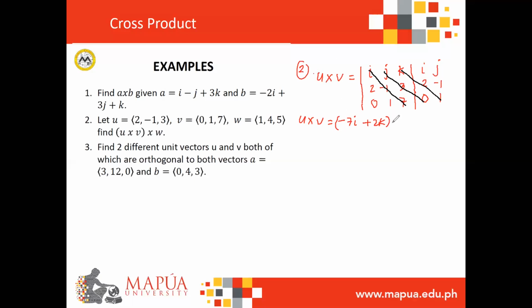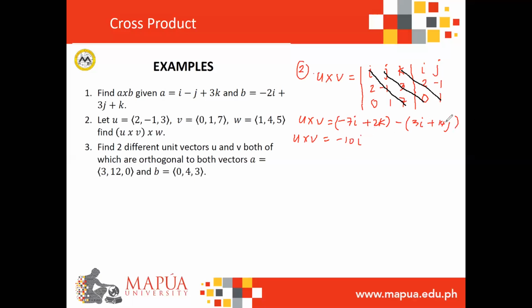Then we now have minus, here we have 0k, then we have here 3i, then 14j. So we have here u cross v equals, let's combine similar terms, negative 7i minus 3i is negative 10i.